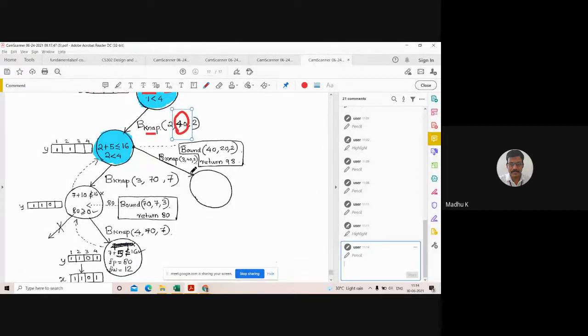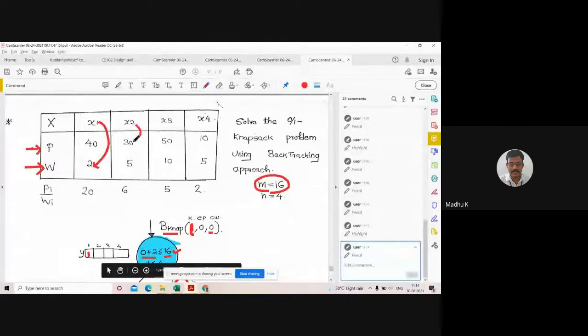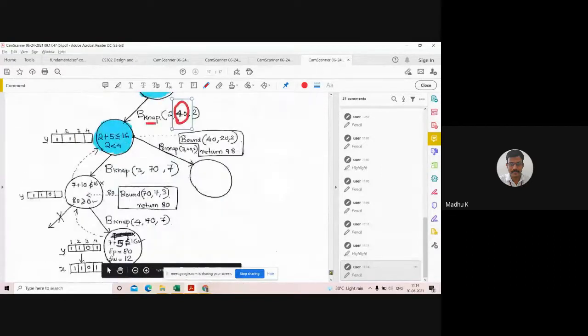What is it? It is 30. So 40 plus 30 is 70. So I will call the same function with the parameters 3 comma 70 comma 7.